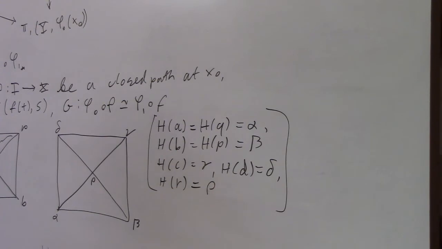In particular, if a, b are distinct points in A, and if L is a line segment with endpoints a and b, then T of L is a line segment with endpoints T of a, T of b, provided that T of a does not equal T of b. But if T of a does equal T of b, then T of the line collapses to the point T of a.